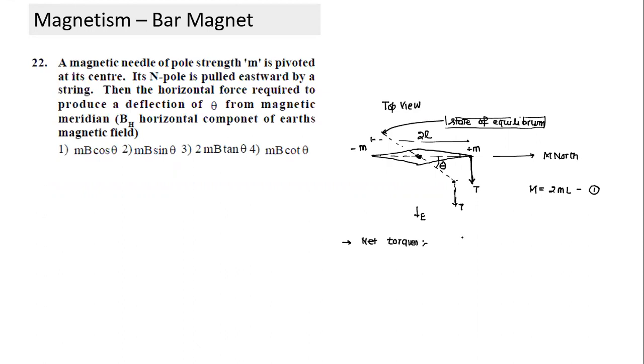So torque due to the magnetic field has to be equal and opposite to torque due to the tension force in the string. Magnetic field is applying a torque which is trying to rotate it back to the equilibrium position, whereas the tension is trying to rotate in the other direction. So the torque due to magnetic field is, as we know, MB sine theta.